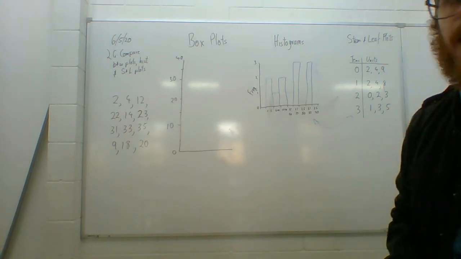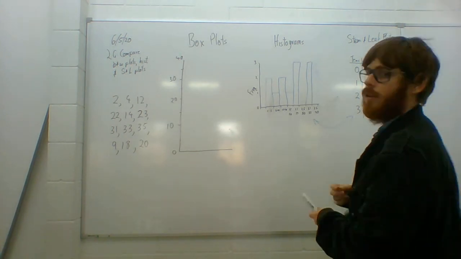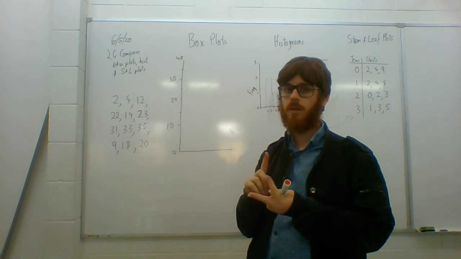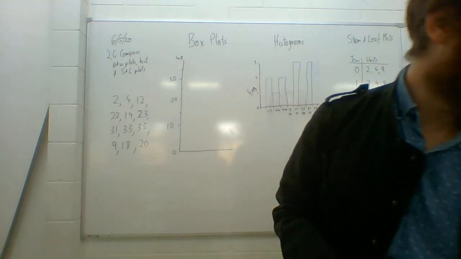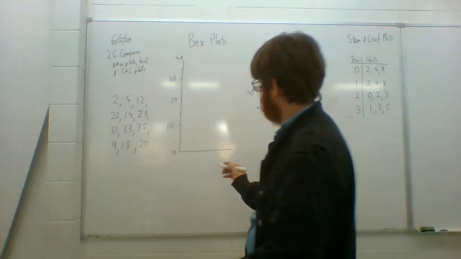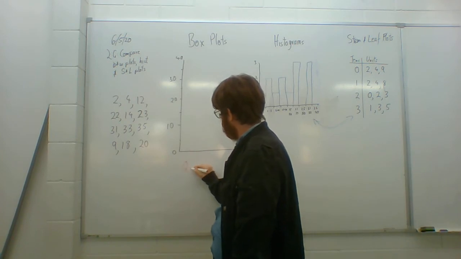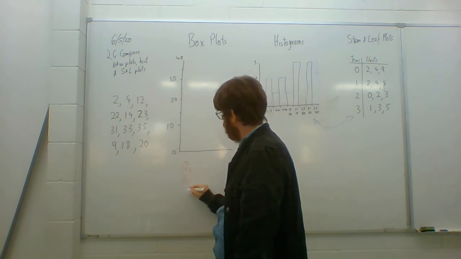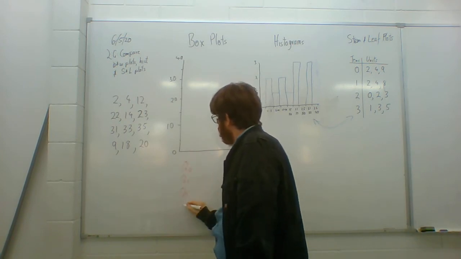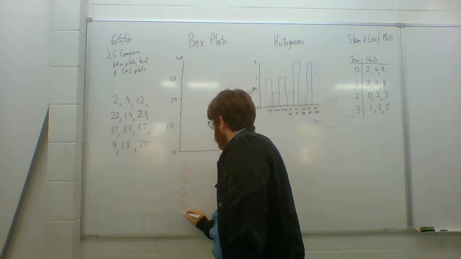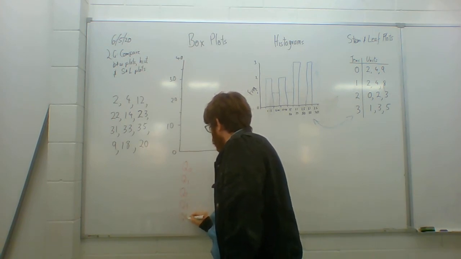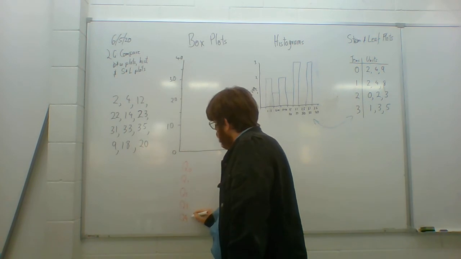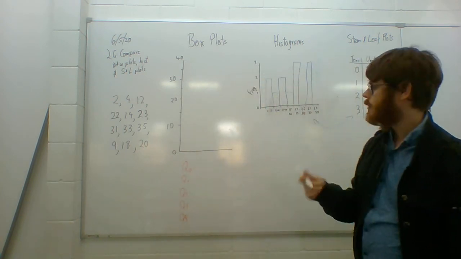In order to make a box and whisker plot, we need to find Q0, Q1, Q2, Q3, and Q4. Q0 and Q4 are really easy.